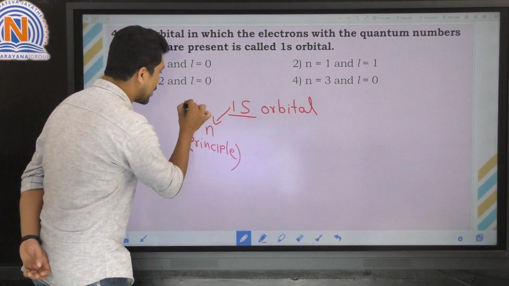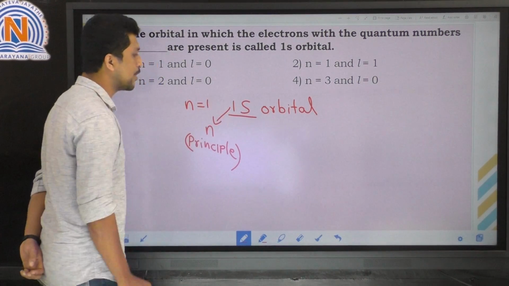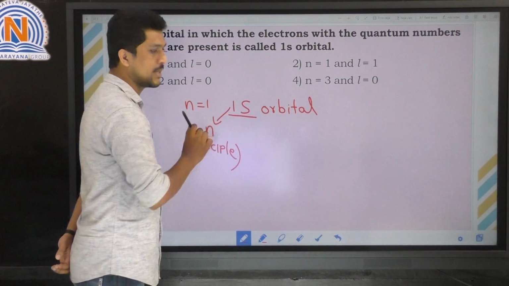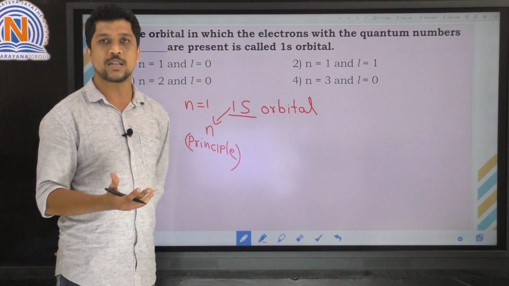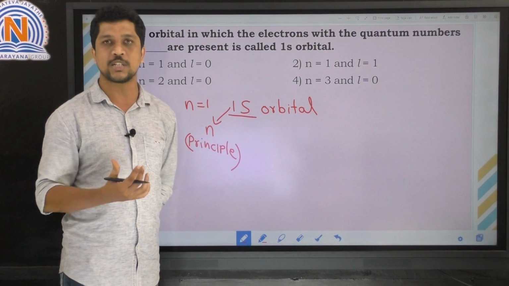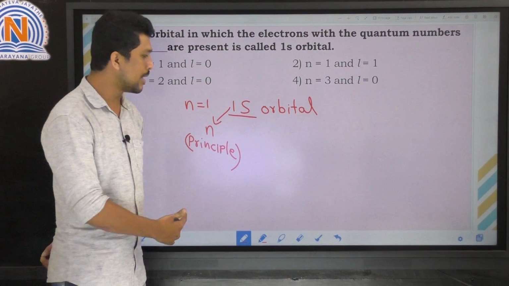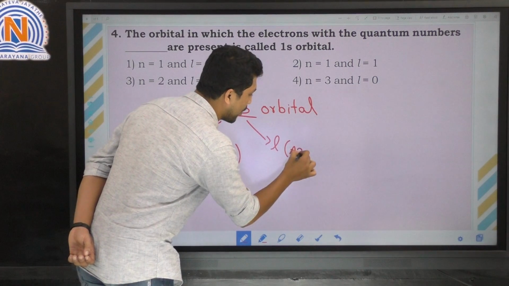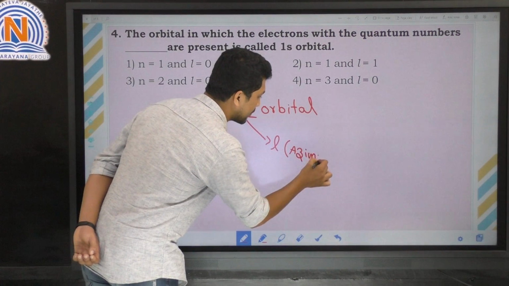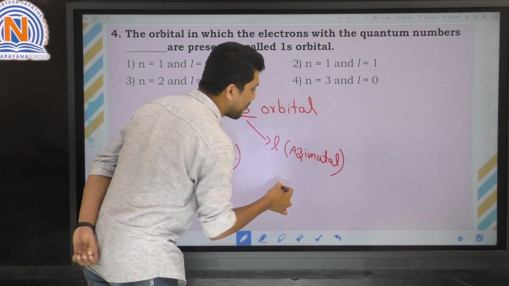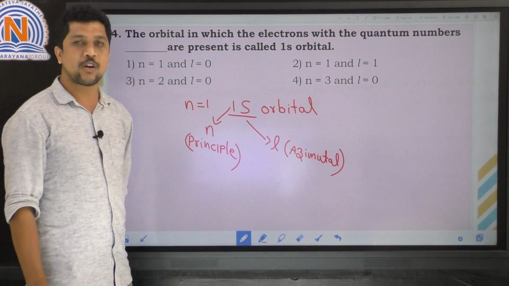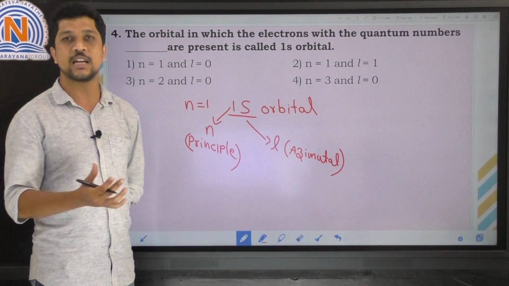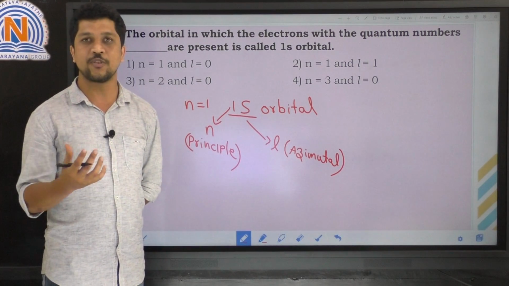So here n equal to 1, and here s, right? The s is represented by the azimuthal quantum number, that is l. According to the azimuthal quantum number, each and every orbital contains different numbers.